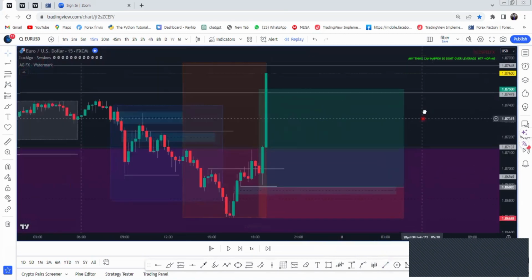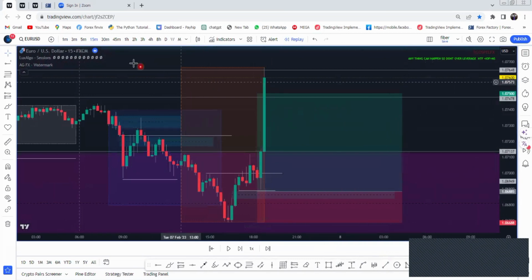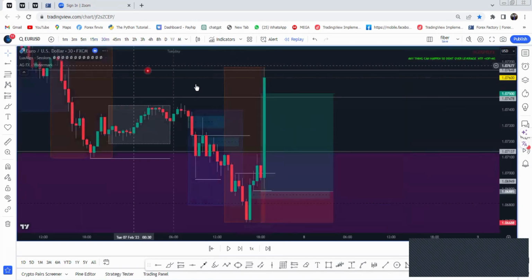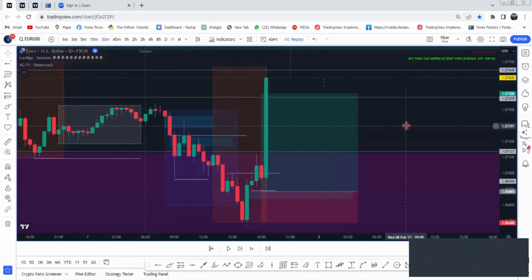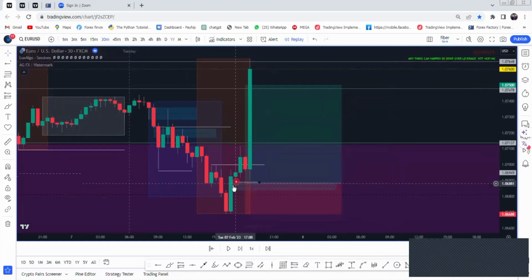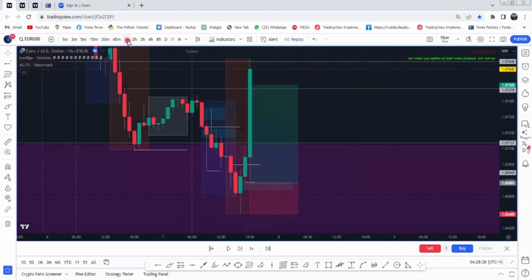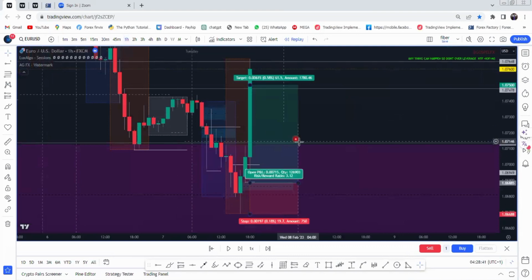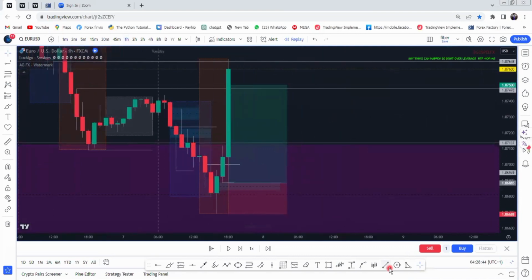So let's check something out here. Let's try to check 30 minutes why we didn't get tapped here, because there should be a reason. Okay, same on the 30 minute. 30 minute also had a fair value gap, but it wasn't filled. So let's check 1 hour. Okay, 1 hour had no fair value gap, but we had this bearish order block here.